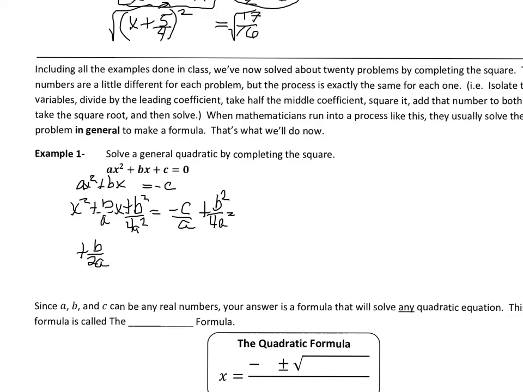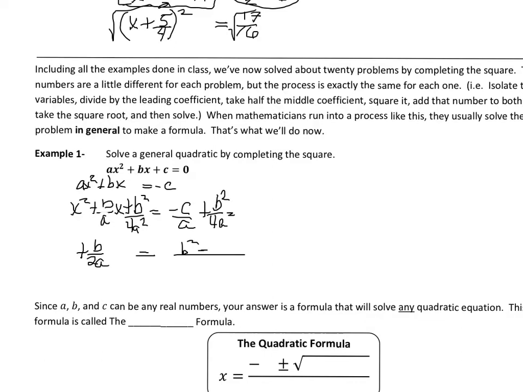Now, on the right side, we've got to get a common denominator. What's that common denominator going to be? 4a squared, right? So I'm going to write that b squared first, and then minus.